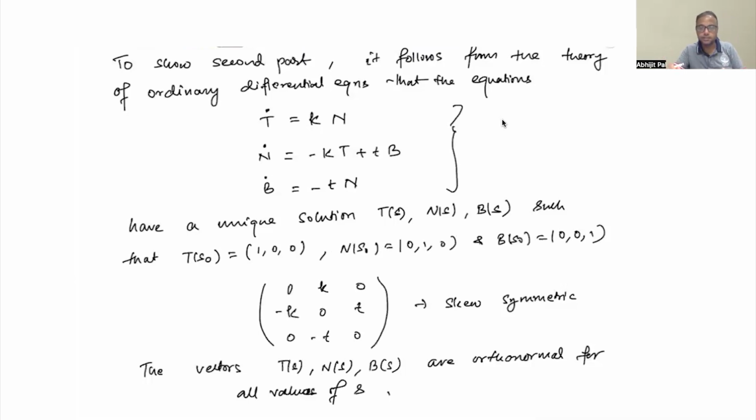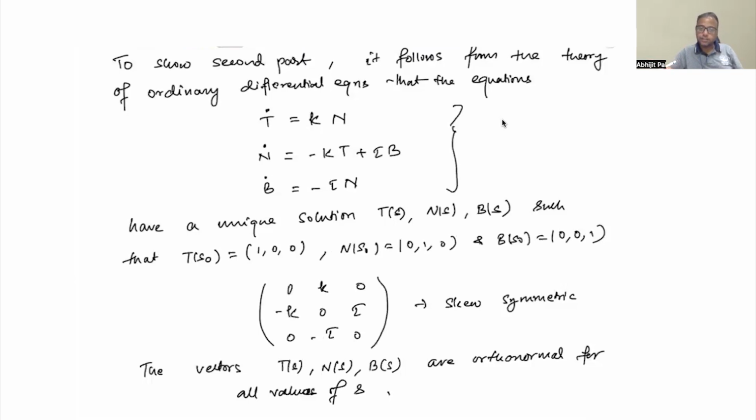So we have these two functions k and tau. Sorry, this should be tau here. K is the curvature function, tau is the torsion function.